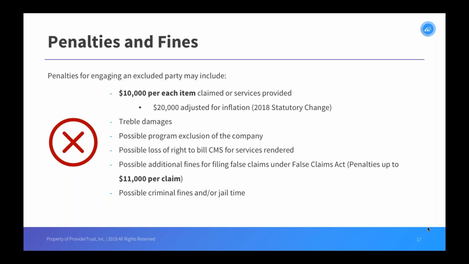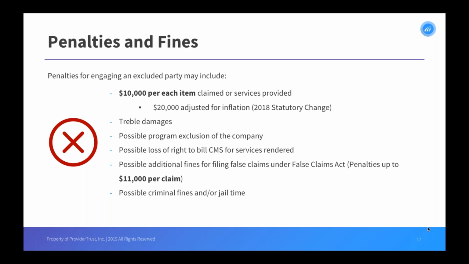I think it's important to note that everyone thinks of this as up to $10,000 per item furnished or claimed on a billing. But actually, there was a statutory increase passed under an Inflation and Adjustment Act that takes it up to almost $20,000.